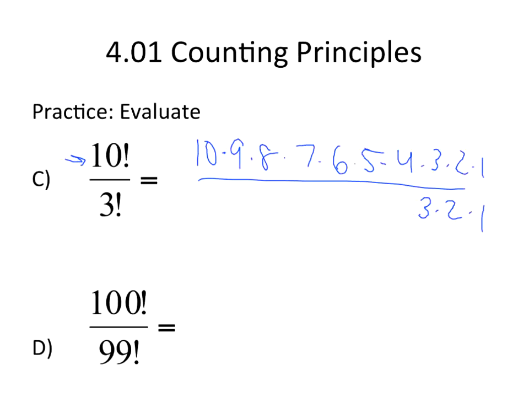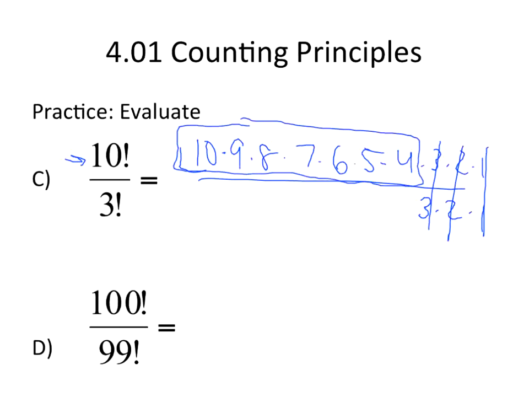Why do you think I wrote the 3, 2, 1 over there on the side? Because they're going to cross out, right? So all I would be left with is 10 times 9 times 8 times 7, all the way to 4. And that answer is, I'm not going to make you do that right now, 604,800.